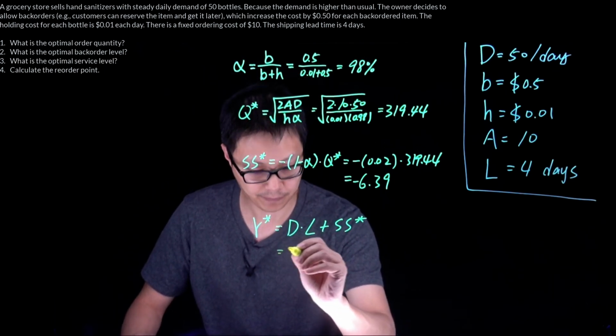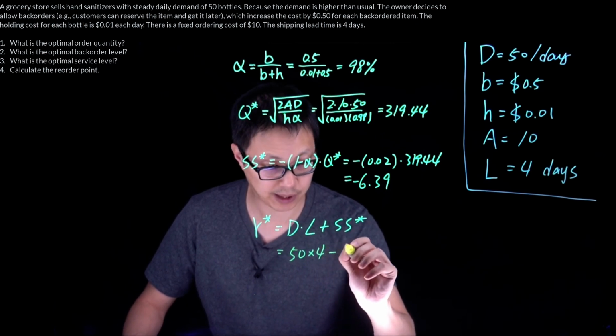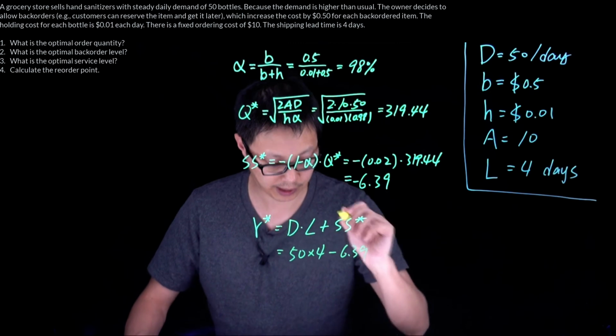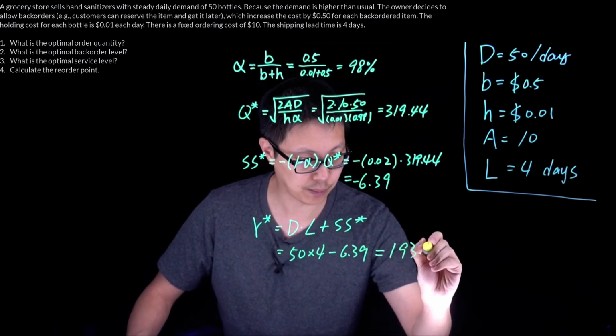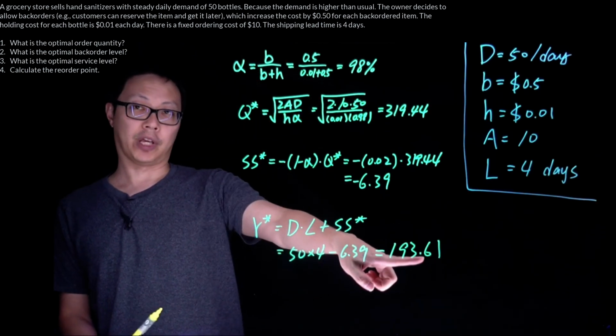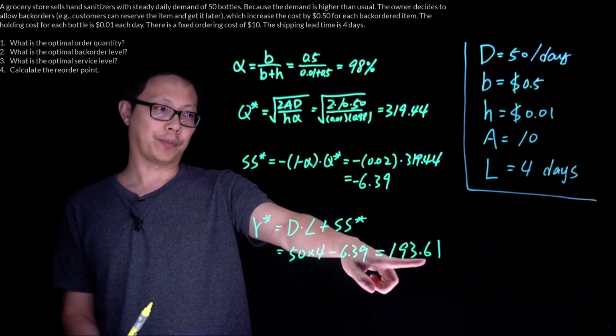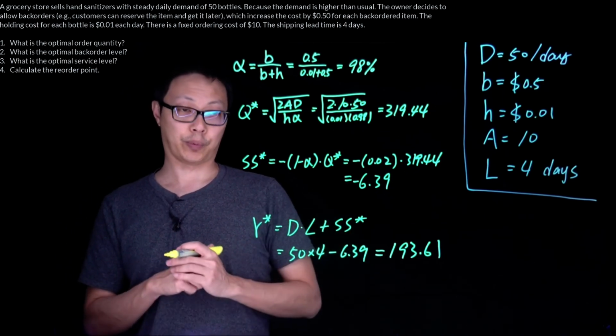So we have 50 times 4 subtracted by 6.39, and the answer will be 193.61. In other words, whenever your inventory level drops to 193 units, this is when you need to place the new orders.